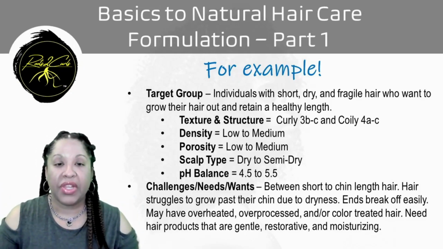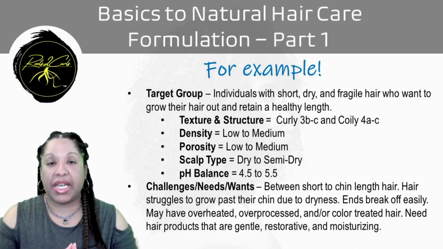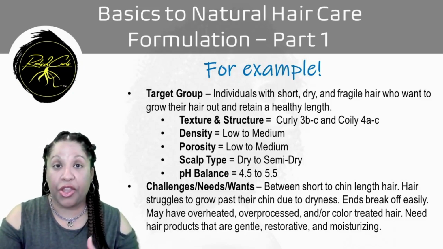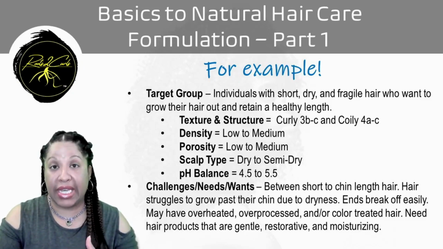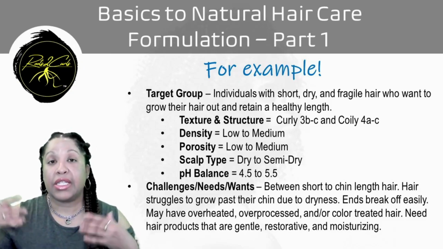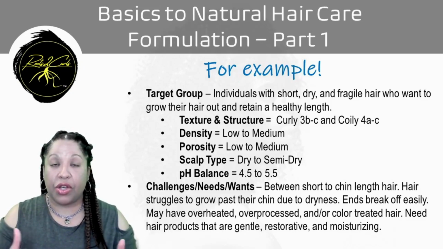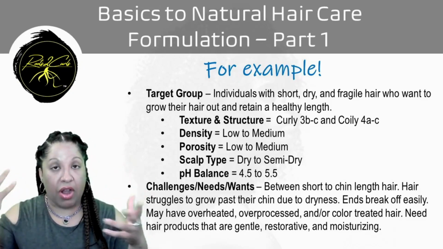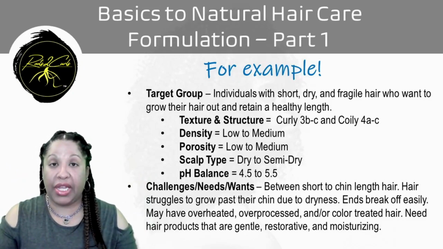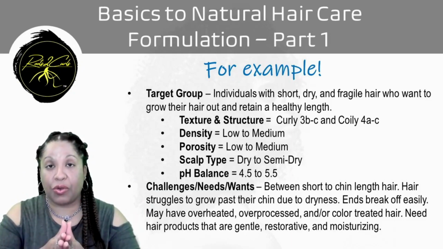Okay. So typically for this target group, I'm saying that their texture and structure is a curly 3B through C and coily 4A through C type of hair. The density is low to medium, so they're having a hard time growing a full head of hair. Porosity is low to medium, so again, their hair strand cuticles are more so closed.